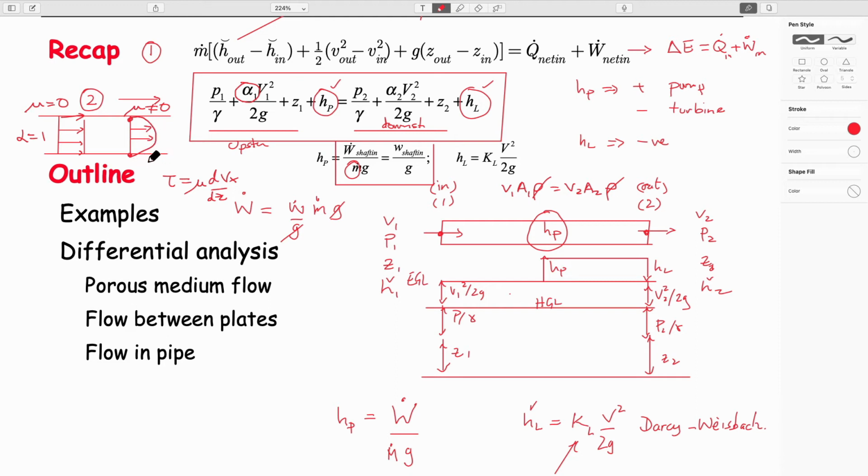And so this means that alpha is less than 1, between 1 and 0.